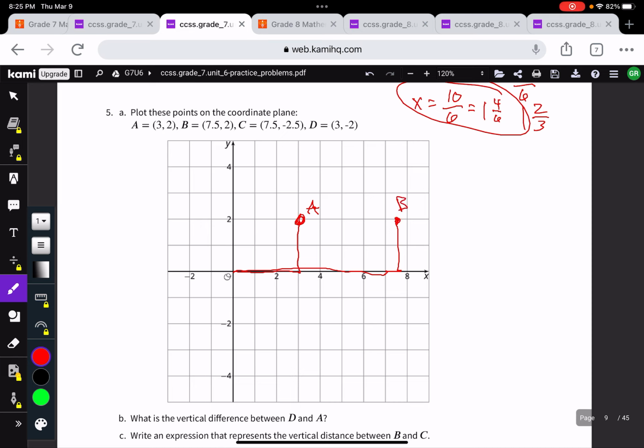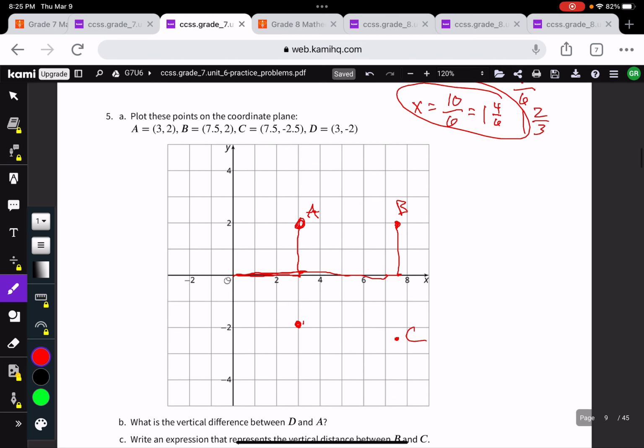There's B. C is 7.5 down 2.5. There's 3, so that must be C. And D is over 3, and down 2. Right there.